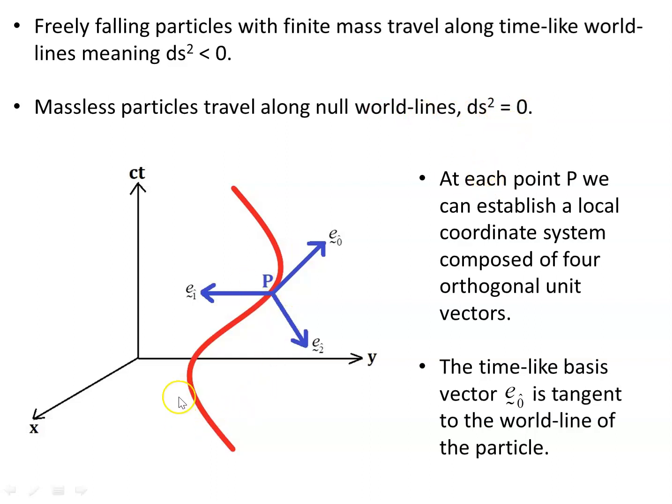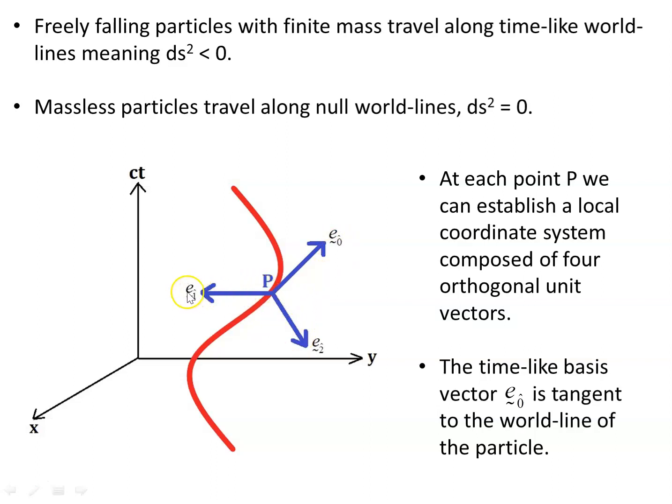All right, so world line here, and again, we're using coordinates. But at each point P, we can establish a local coordinate system composed of 4 orthogonal unit vectors. Now, 3 of those are shown here. We have the time-like basis vector, and it is an orthonormal basis vector, as you can see with the hat indicating it's of unit length and orthogonal to all the others.